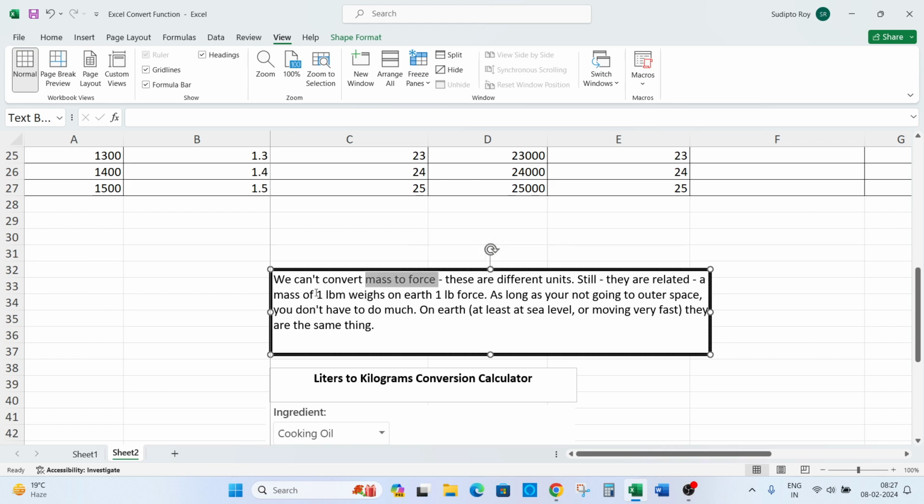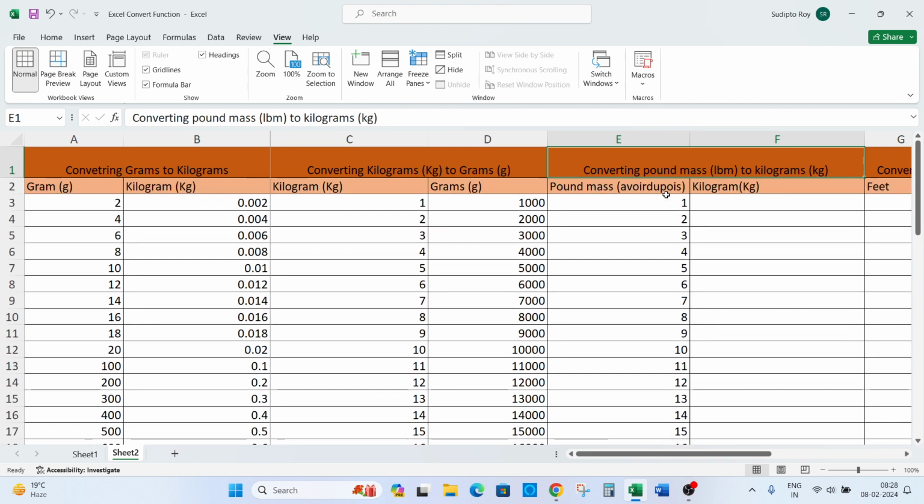A mass of 1 lbm weighs on earth 1 pound of force, basically. As long as we are not going to outer space, we don't have to do much about it. On earth, at least at sea level, they are the same thing. So this is something we should know about, but there's nothing much to do here.